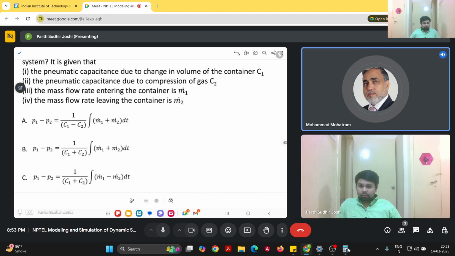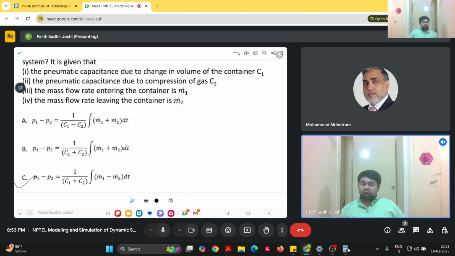In this case, I think the answer will be C: M1 dot minus M2 dot is equal to 1 upon C1 plus C2, integration. Yes, you're right. The capacitance is a combination of both effects, because of the change in volume of the container and also because of the compression of the gas.